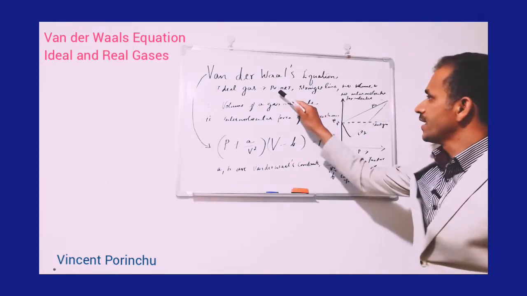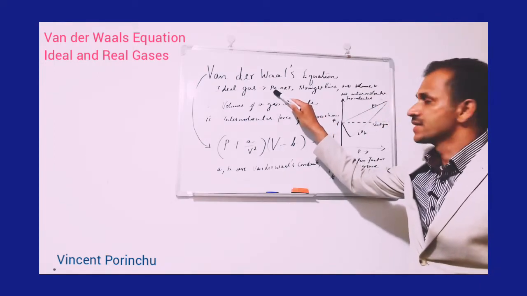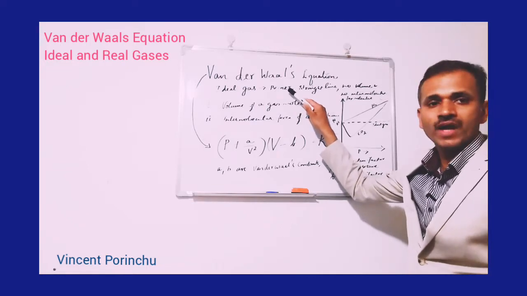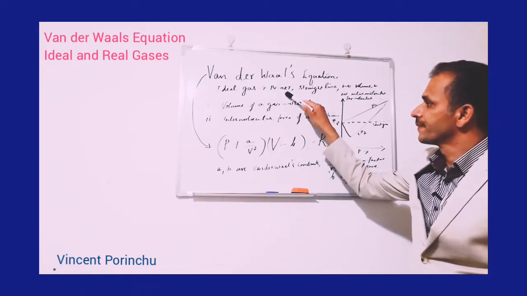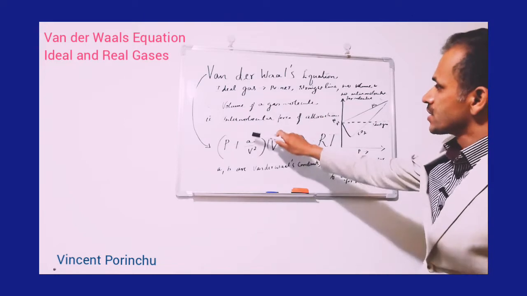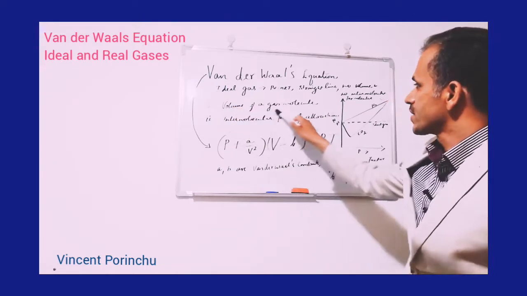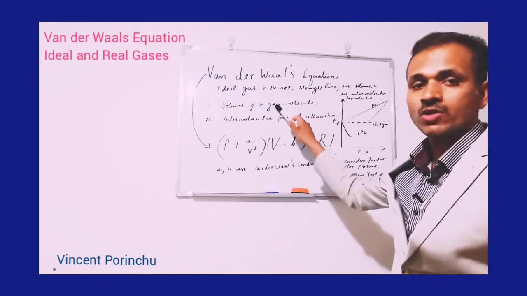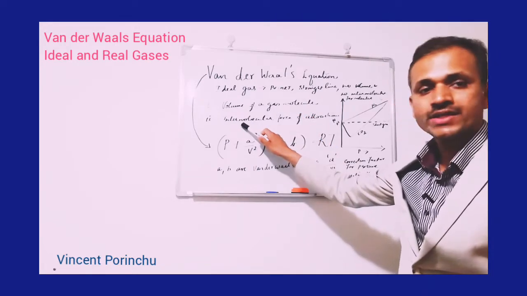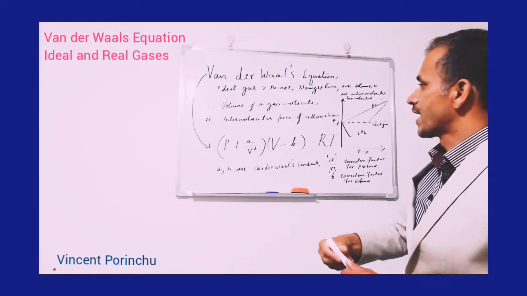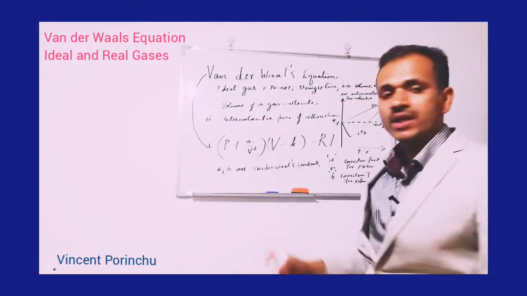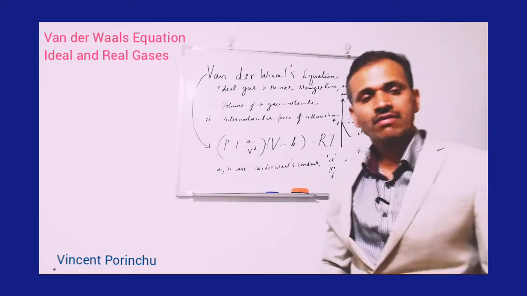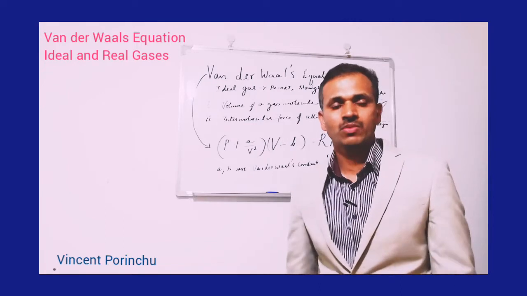So here, the ideal gas equation is PV equal to nRT for n moles. Van der Waals made a detailed study on the volume of individual gas molecules and the intermolecular force of attraction between gas molecules.